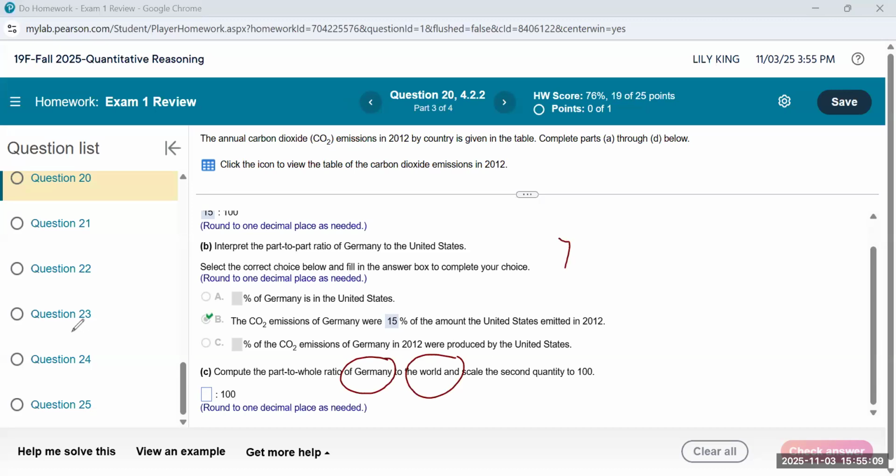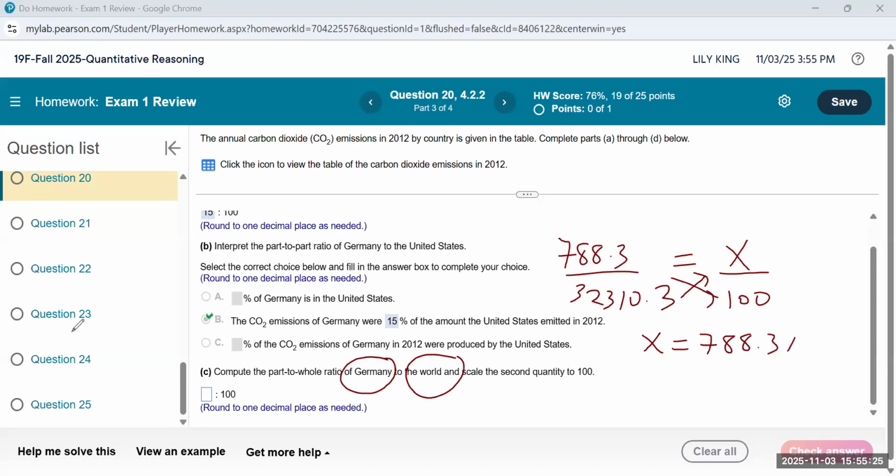So Germany is 788.3, divide that by the world, which is 32310.3. And scaling the second quantity to 100, you have X over 100. So now to solve for X, you apply cross product, 788.3 times 100, and then you divide by 32,310.3.